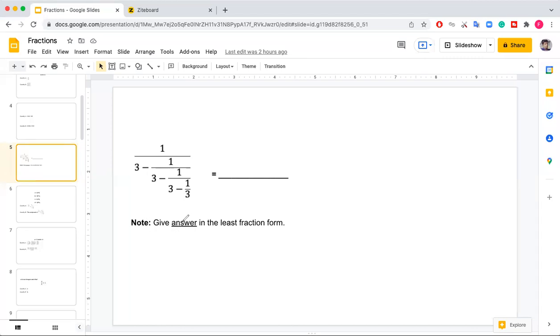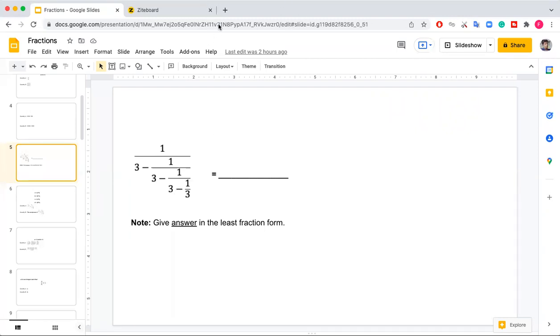Is it 8 by 21, 21 by 55, 8 by 19? Oh wow, we are having multiple answers. Okay, let's solve this question now. 21 by 55, yes, 21 by 55 is the answer.